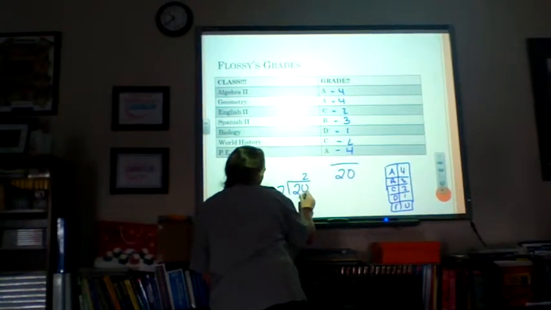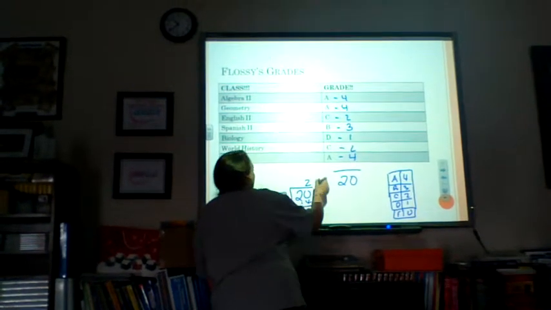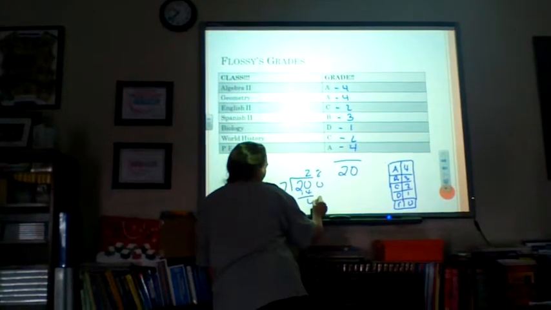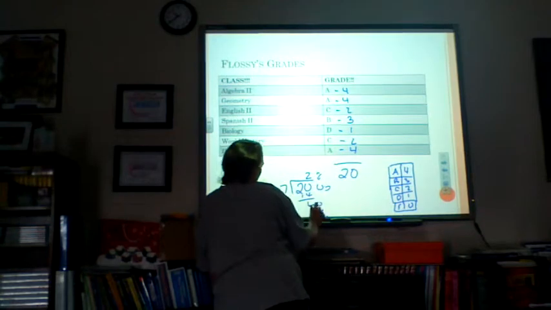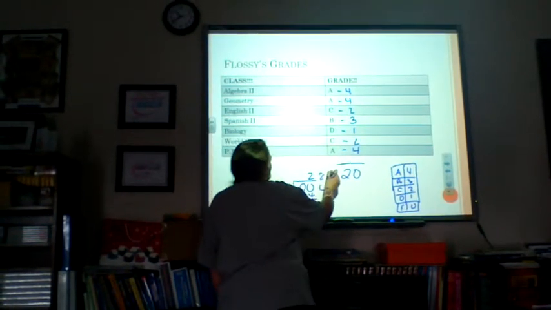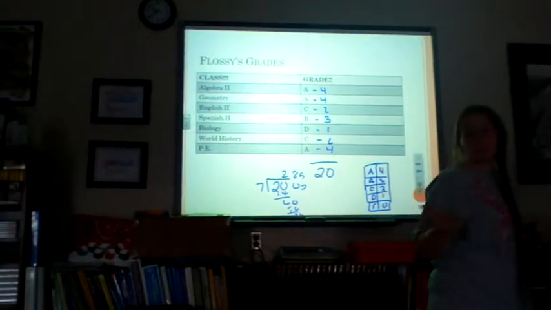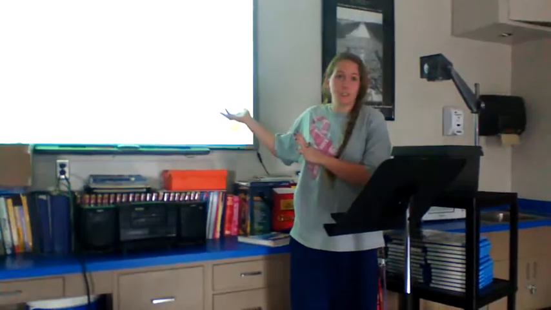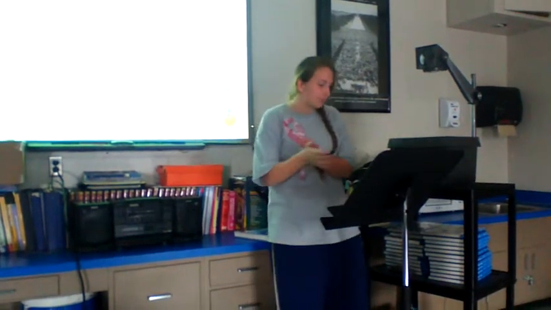You're going to get 2.14, 6. Okay, so you will have about a 2.85 as your GPA. So Flossie has a 2.85 GPA for her year this year. And you can do that with a calculator, or you can do it in your head.